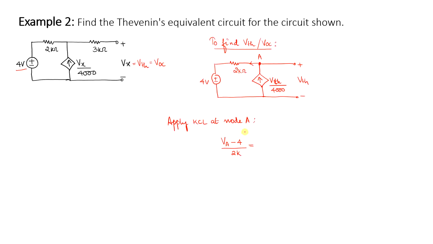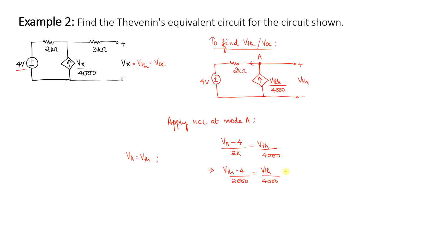Only one current is entering the node, and this is equal to V Thevenin divided by 4000. This node voltage will be the same as this particular node voltage, so VA is nothing but equal to V Thevenin. So I can rewrite this equation as V Thevenin minus 4 divided by 2000 equal to V Thevenin divided by 4000.